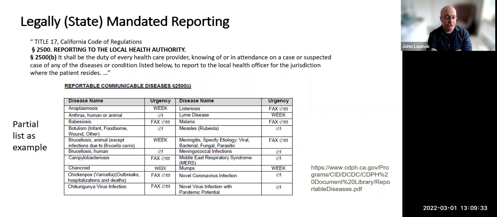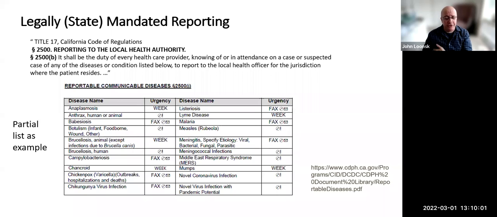A subset of those are nationally notifiable, which are presented to the Centers for Disease Control and Prevention as part of a notification system that's purely voluntary. There is no federal requirement for this reporting. This is all based in state reporting laws and reporting to public health agencies at the state and local level.